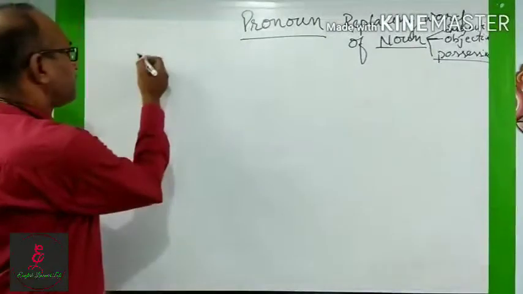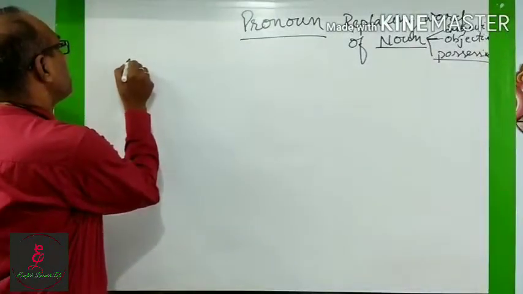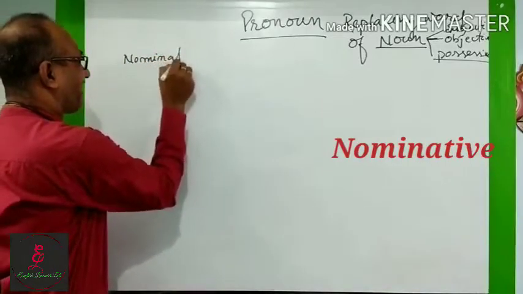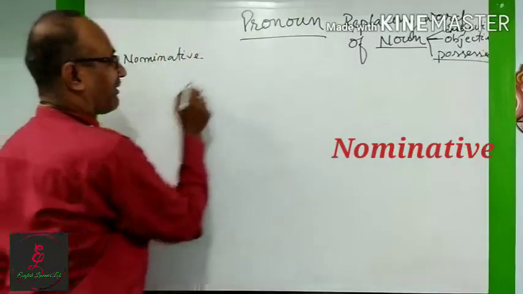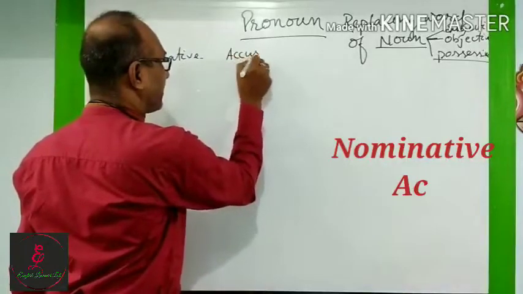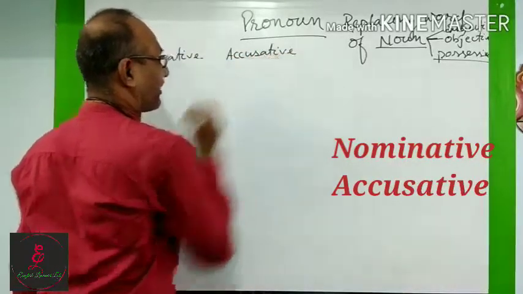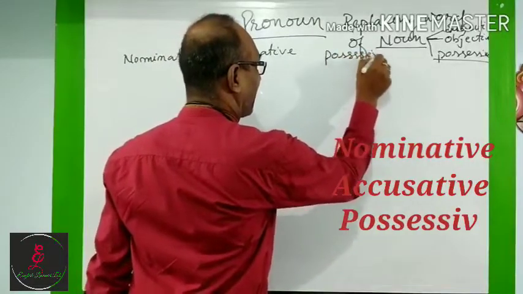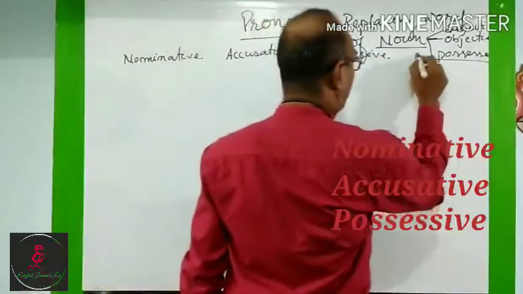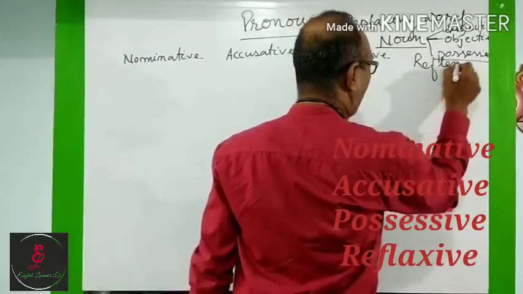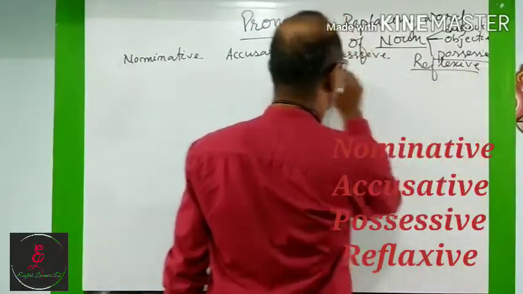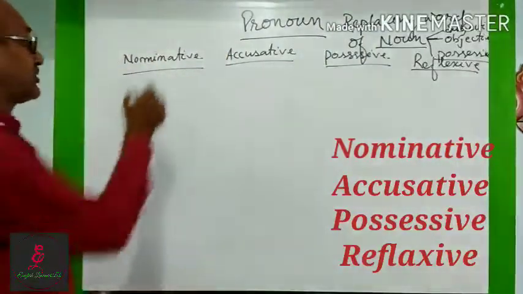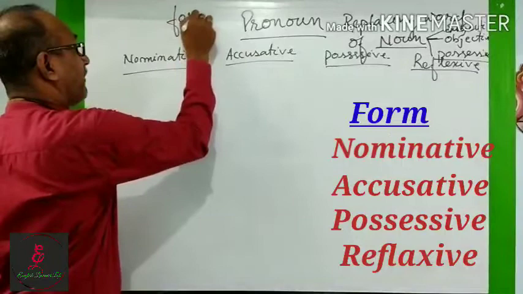So here first we will write nominative, accusative, then possessive, and reflexive. These are four forms of a pronoun.